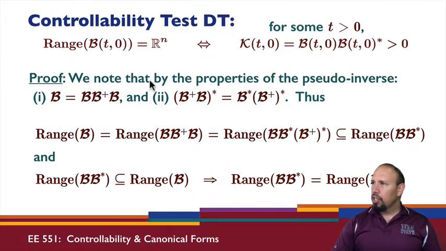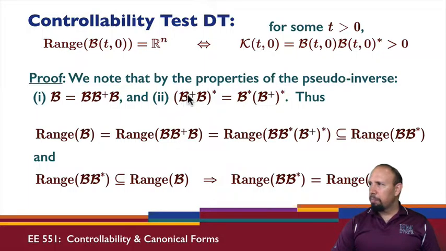So here's the proof. So we note by properties of the pseudo-inverse, first of all, if I have the matrix, the control map B, so again, that's just a matrix, I'm suppressing the dependence on time. Then a property of the pseudo-inverse says that B is equal to B pseudo-inverse B. That's just a property.